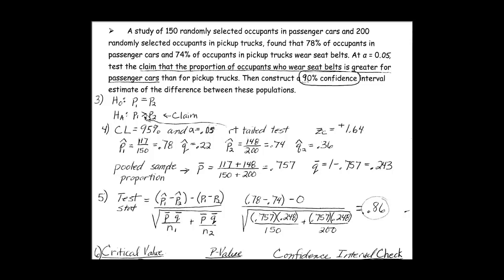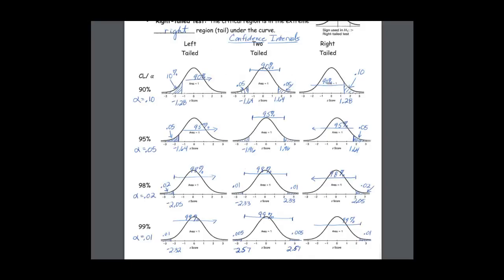We talked earlier about this being a right tail test because we're assuming one is greater than the other. Our critical value that goes with that is 1.64, and I could have found that going back to our class activity where we're looking at a right tail test that has 95%. That curve looks something like this.